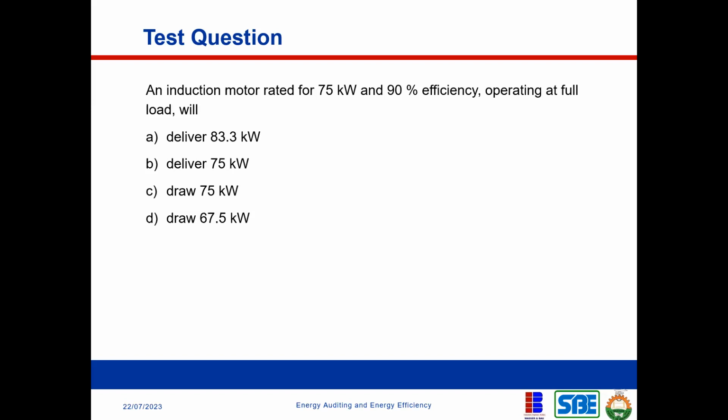And they told you it is operating at full load, meaning your load factor is 100%. So what will the motor do? Will it deliver 75 kilowatts or will it draw 75 kilowatts? It will deliver. Perfect. It will deliver 75 kilowatts because that is the rating the motor has been given.